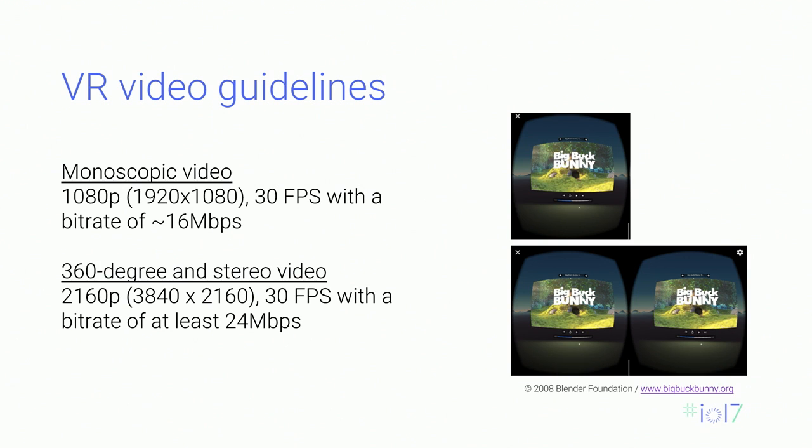And then if you're doing 360 or stereoscopic, there's really double the amount of information you need. So 360 degree with that equirectangular projection, the majority of the bits are not seen by the user at any one time. They're behind you or off to the sides. So we want to double the resolution and really get up there to the 4K size, so that way half of it is shown in the eyes and it looks very good.